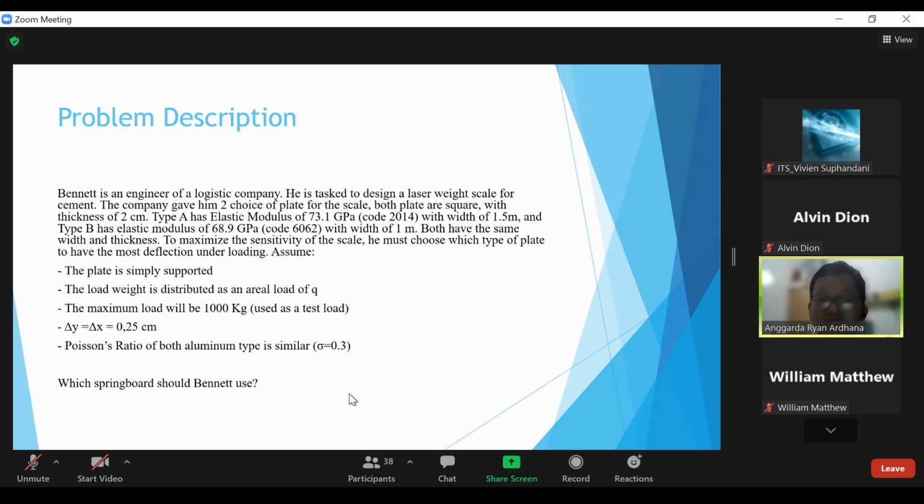The type A plate has an elastic modulus of 73.1 gigapascal, usually known as aluminum 2014, with a width of 1.5 meter. And type B plate has an elastic modulus of 68.9 gigapascal, also known as aluminium 6061, with a width of 1 meter.